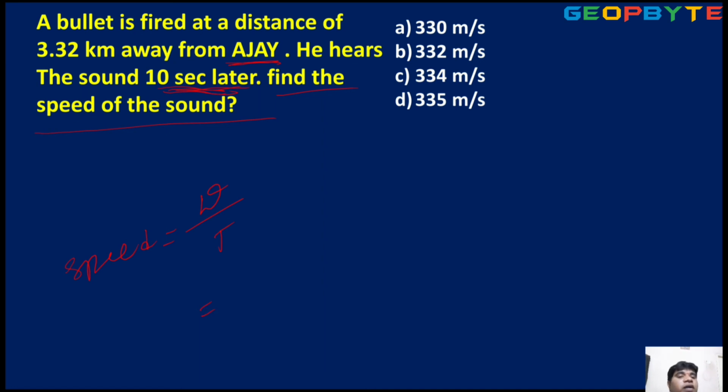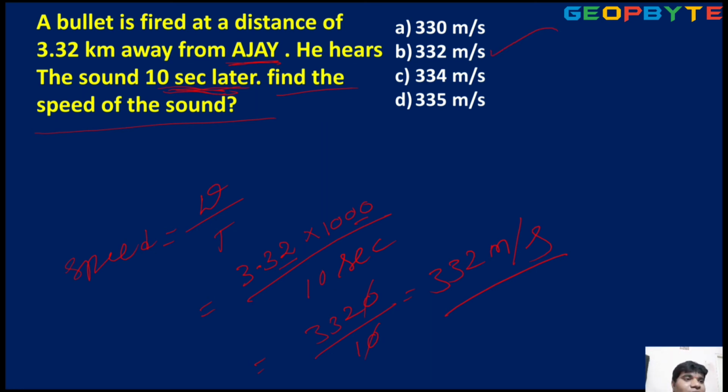Distance is 3.32 kilometers, converted into meters by multiplying by 1000, over 10 seconds. So 3.32 times 1000 upon 10, zeros cancel, 332 meters per second. Option B.